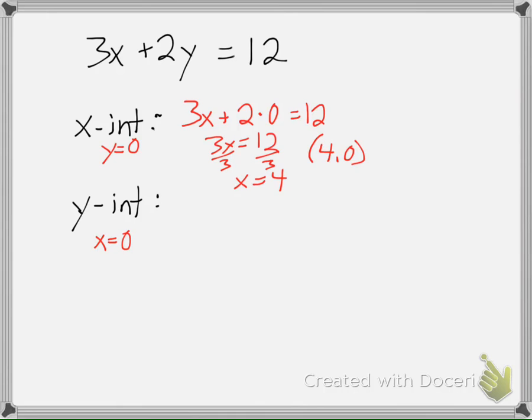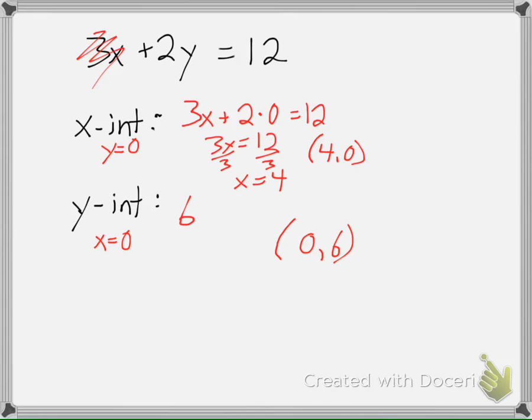Here I'm going to let x be 0, which means that goes away, right? Because 3 times 0 is just 0. 0 plus 2y is just 2y. So I get 2y equals 12, which means y would equal 6. So this ordered pair would be (0, 6), because this is my y value and my x value is 0. So I have (4, 0) and (0, 6).